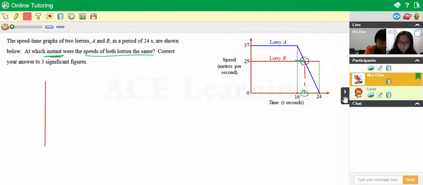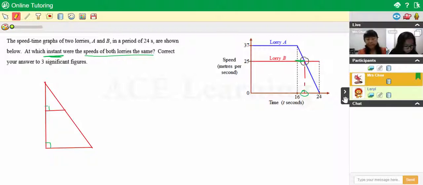Let's have it here. Now you mentioned that it is a right angled triangle, so we're going to put in the right angled triangle symbol here. Now, don't forget this triangle too. So let's draw the second triangle in here, and this is also a right angled triangle.